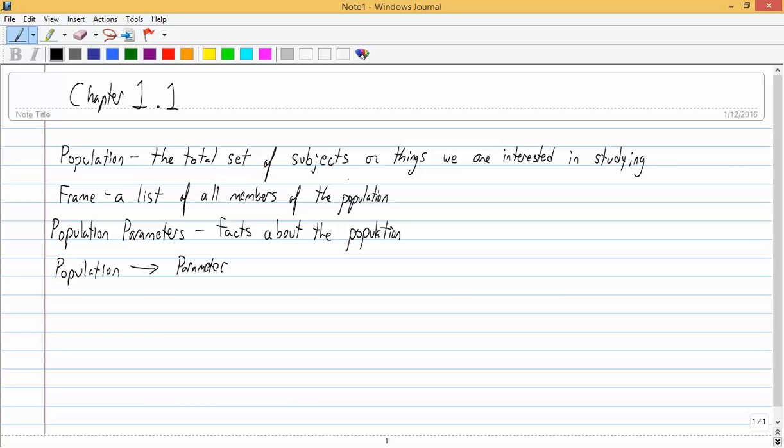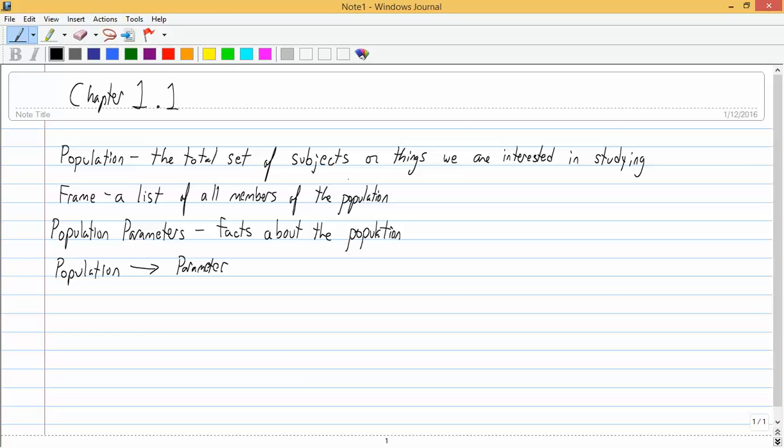All right, your book says, for a presidential election, some population parameters in which candidates and pollsters will be interested are the percentage of eligible voters who will vote on election day, the percentage of voters who will vote for a specific candidate, the percentage of men who favor a candidate, the percentage of women who favor a candidate, the percentage of people in the 18 to 25 age group who favor a candidate, the average income of voters who favor a candidate.